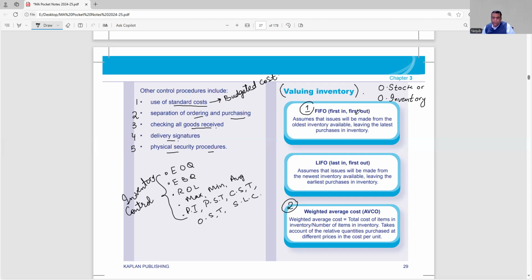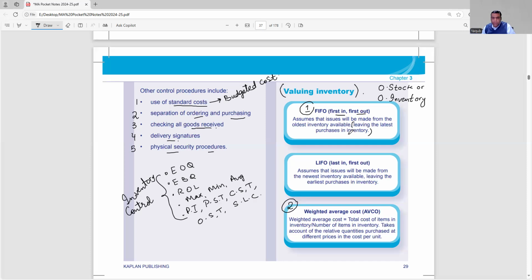So first in, first out means all those which we purchased earlier will be issued earlier. Assume that issues will be made from the oldest in the inventory. So oldest is what? Oldest is opening inventory, which was the closing inventory in the last accounting period. Leaving the latest purchases inventory, and the last one which we have right now will be in the inventory.